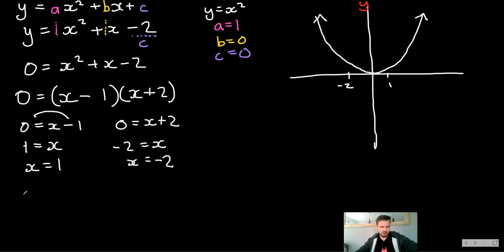Y equals, and our x was in green, so it was 0 squared plus 0 minus 2. I mean, the y-intercept's easiest to write last because it's just that number always, as long as it's in this form. Okay. So we would know that it was -2.